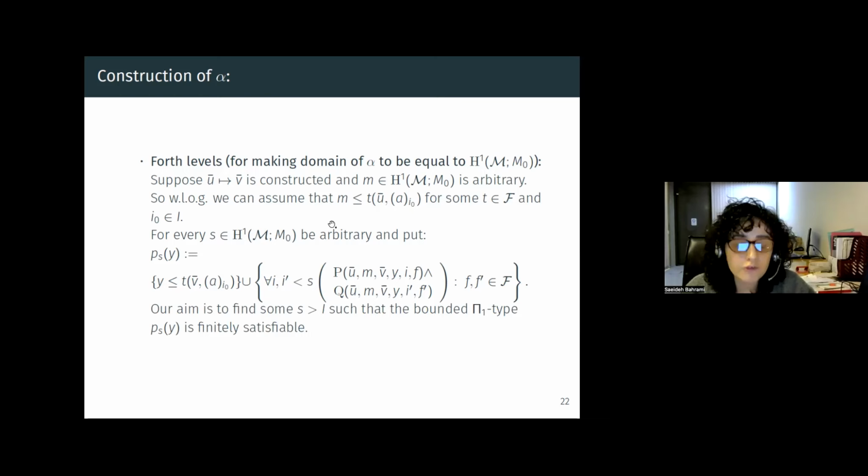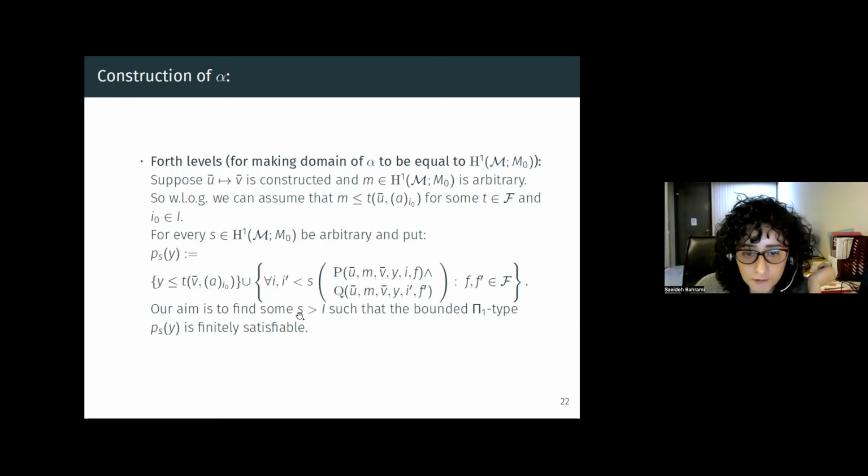So if we find some S, some element smaller than I, such that this type is finitely satisfiable, because all of these formulas are pi1 and bounded, and we are working in a model of I sigma 1, it would be realized in H1 of M and M0, and any realization would serve as an image for this m.